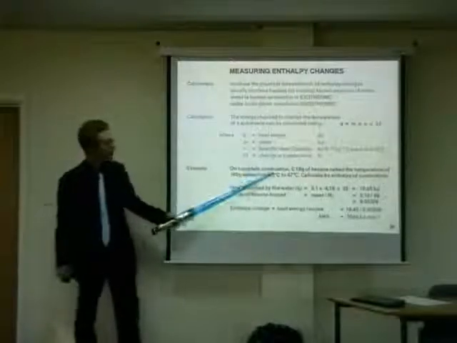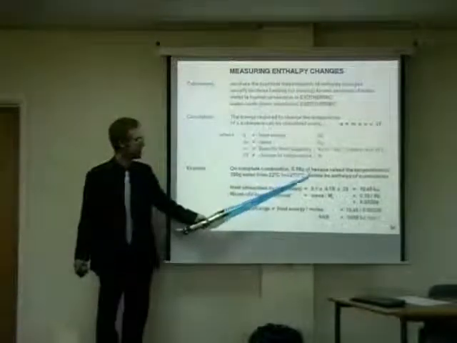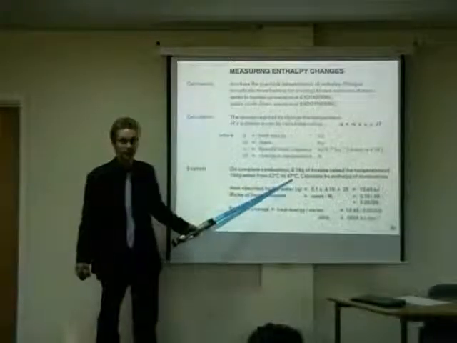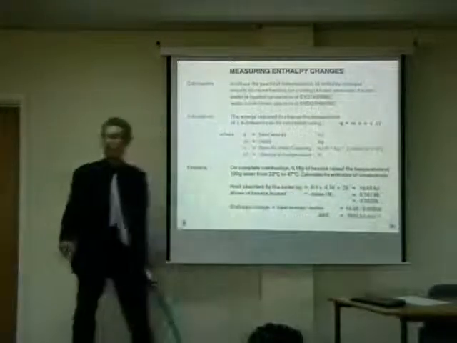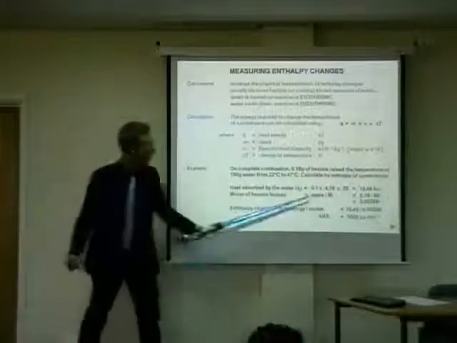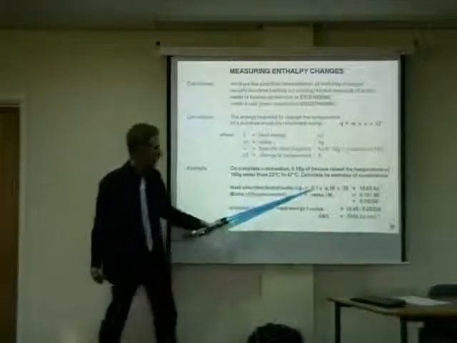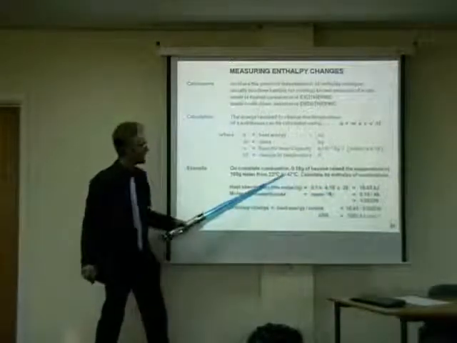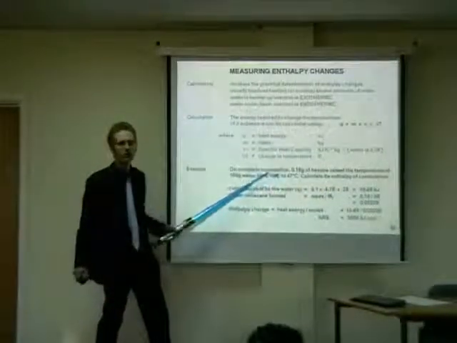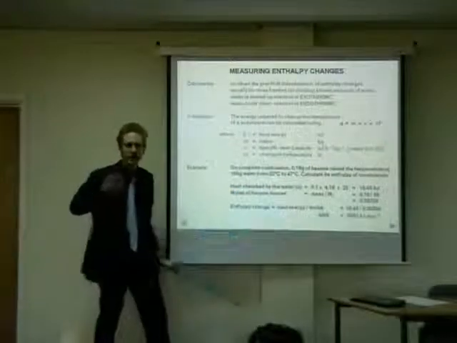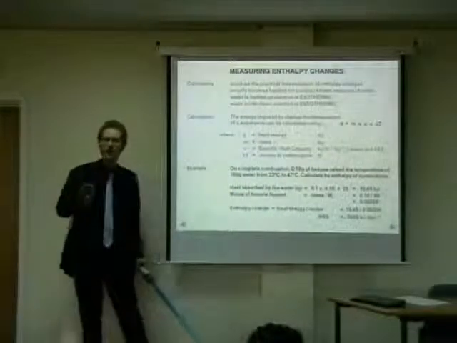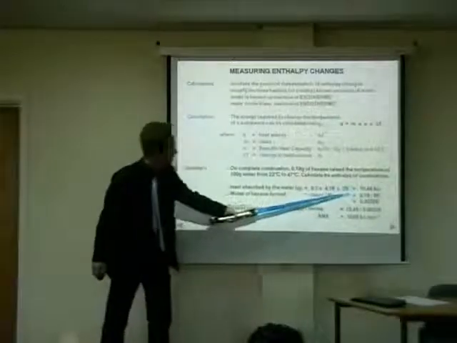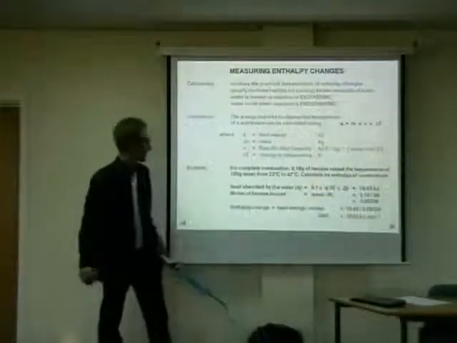Example. When you burn 0.18 grams of hexane, it raised the temperature of 100 grams of water from 22 to 47 degrees. Calculate its enthalpy of combustion. Well, heat absorbed by the water is 0.1 times 4.18 times 25. Do we need to convert these into Kelvin? No, because there's a temperature difference, and temperature difference in Kelvin is the same as in degrees C. So, chuck all of that in.